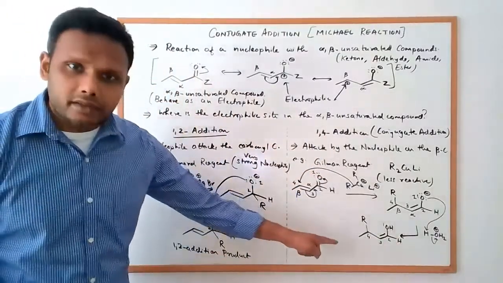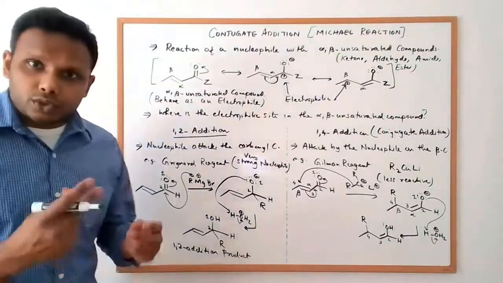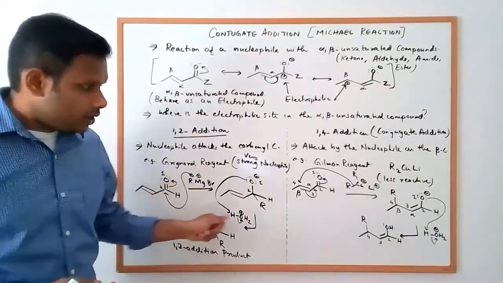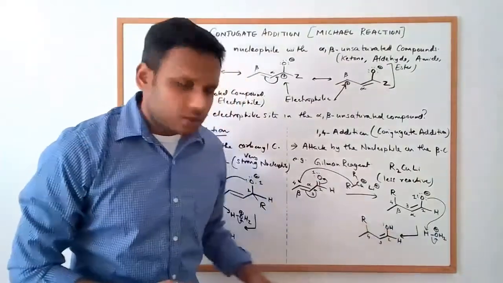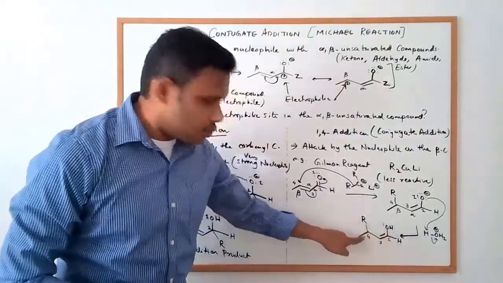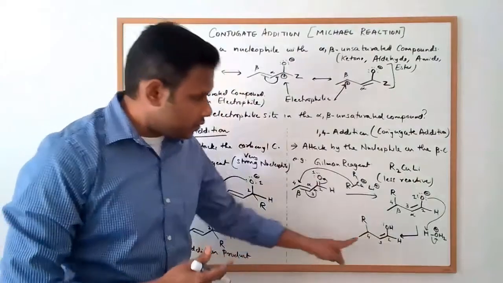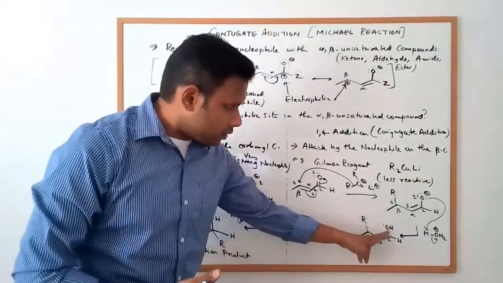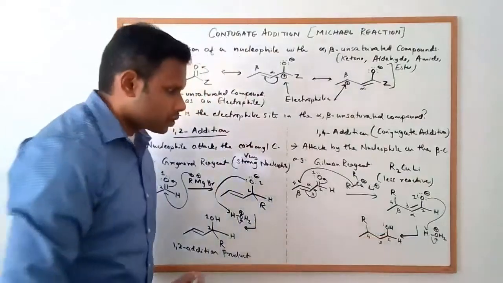So if you look at this product now, the two groups, the R and the H, they added two atoms that are related to each other as 1 and 4. Okay, they're about 3 bonds away from each other.